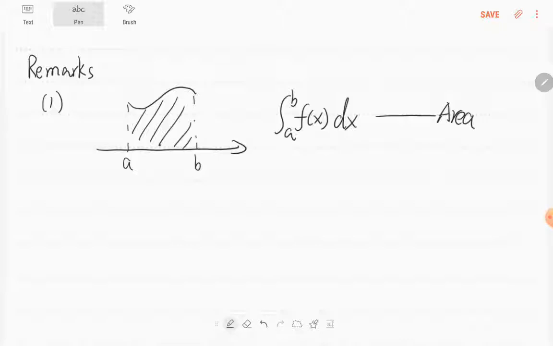This is the area if the function is above the x-axis.